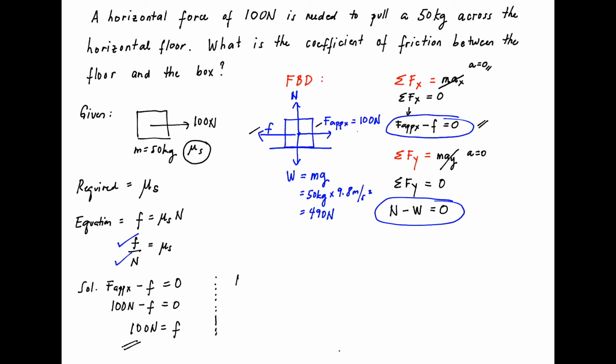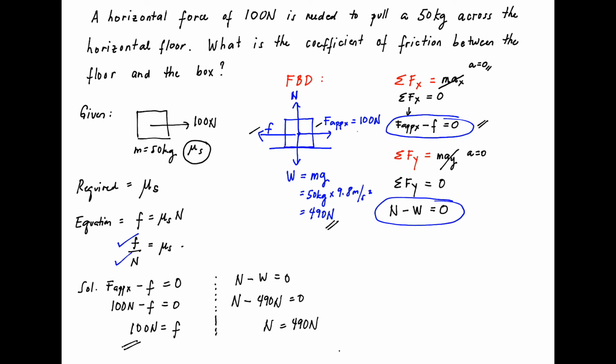We have here N minus W equals to 0, and our normal force minus the mg, which is the 490 Newton, coming from here because that is the weight, equals to 0. Therefore, N is equal to 490 Newton.